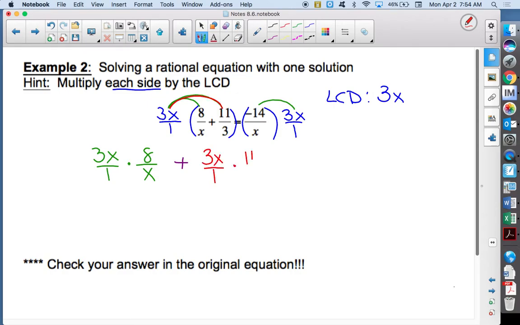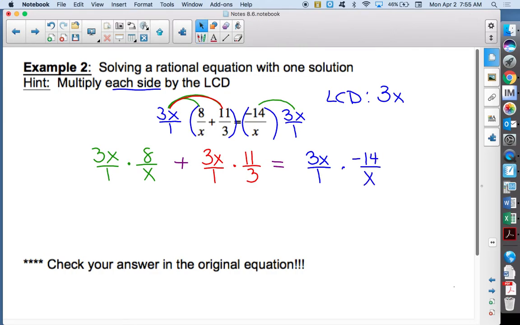That's my least common denominator. I'm multiplying that by 11/3. And then on the right, we have, again, the 3x, so my least common denominator times what's there, negative 14 over x. So this is like the expanded form. I'm going to show you how this works. You don't have to do this step every time, but just so you get an idea.